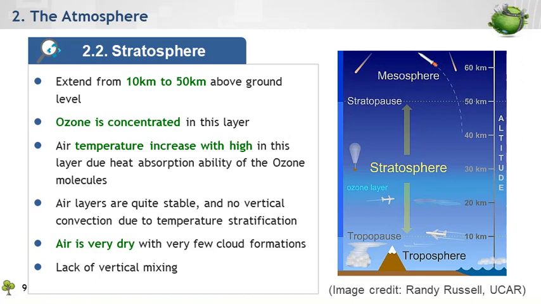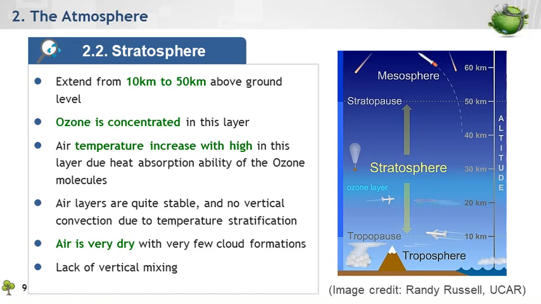Because of this warming effect, the stratosphere is remarkably stratified, which makes vertical mixing very uncommon in this layer. As a result, any material that enters the stratospheric layer tends to stay there for quite a long period. This sometimes causes damaging effects on the ozone layer.